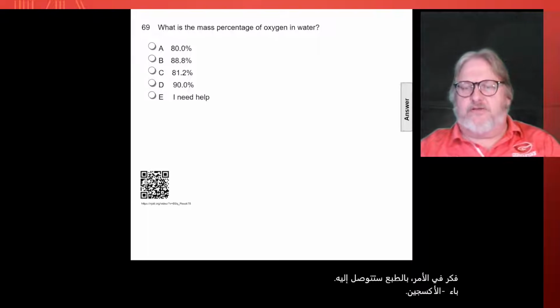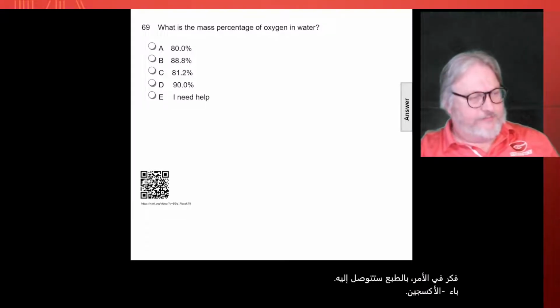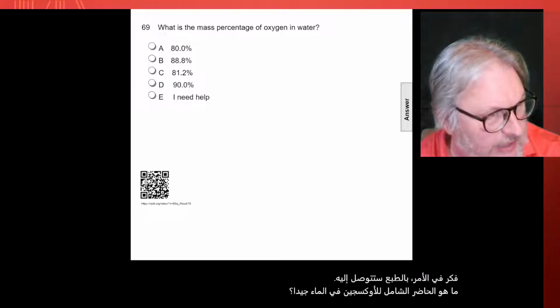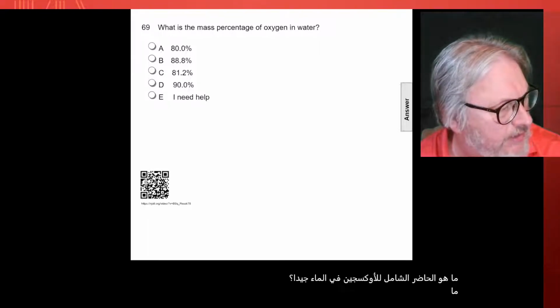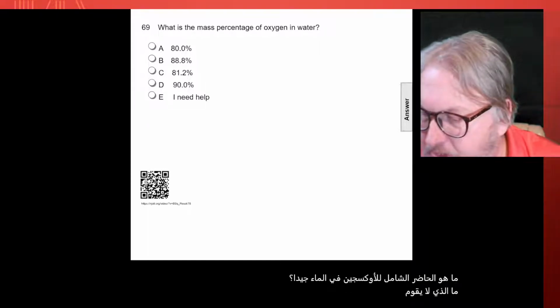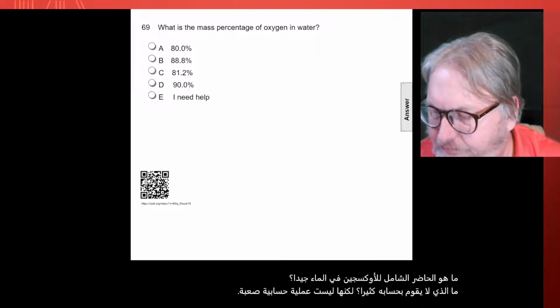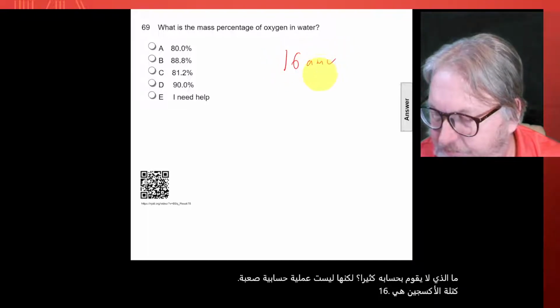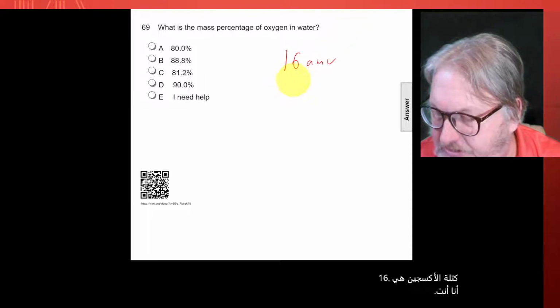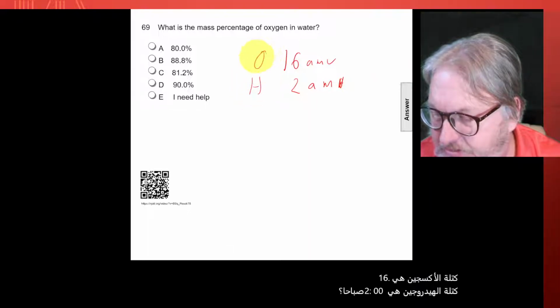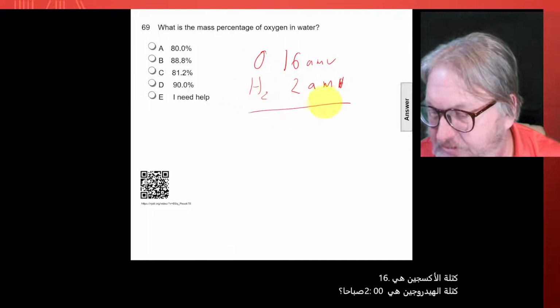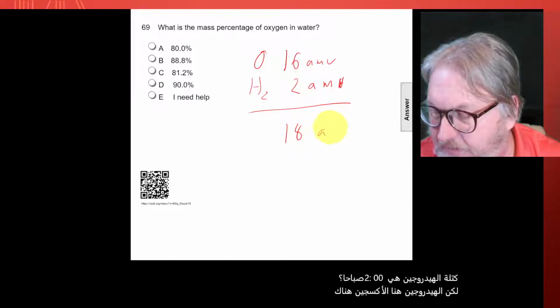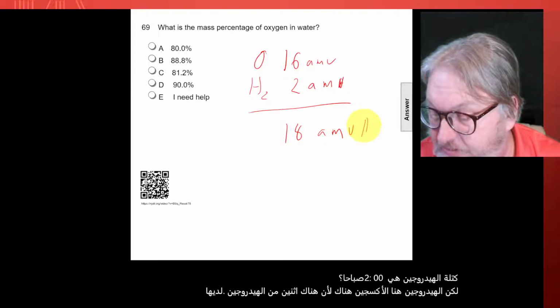What's the mass percent of oxygen in water? Well, I'll have to do a little calculation for that, but it's not a hard calculation. The mass of oxygen is 16 AMU. The mass of hydrogen is 2 AMU, because there are 2 hydrogens. It has a total mass of 18 AMU for H2O.